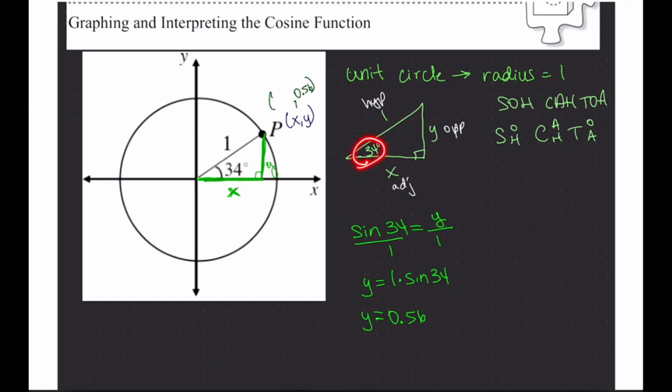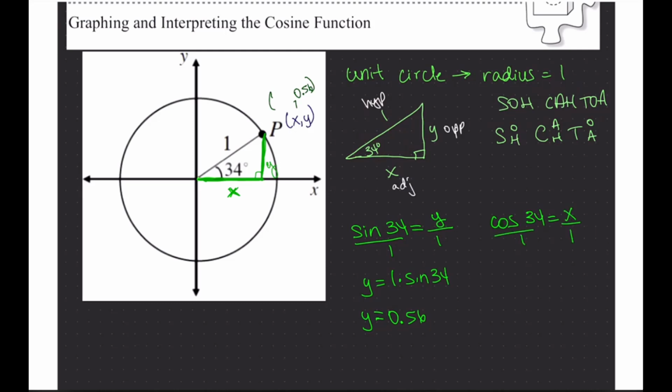If I'm looking from this angle, my x is my adjacent and my hypotenuse is 1. So I've got adjacent and hypotenuse. So I'm going to look at cosine. The cosine of 34 is going to equal x over 1.